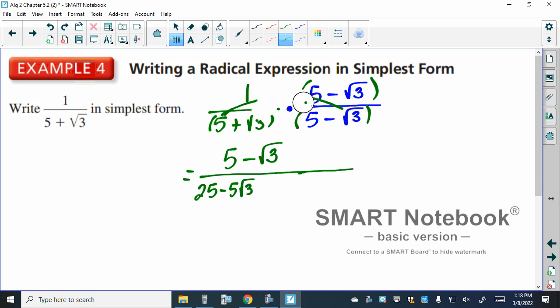And then we'll do positive square root of 3 times 5. It's going to be plus 5 square root of 3. Well, that kind of works out nicely. And lastly, square root of 3 times negative square root of 3 is negative square root of 3 squared, or we can say negative square root of 9. Either one of those would be the same thing.